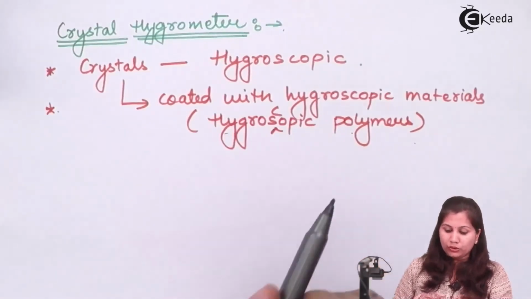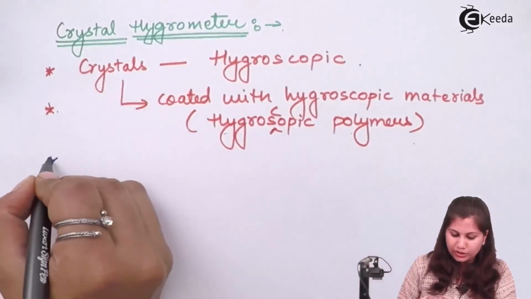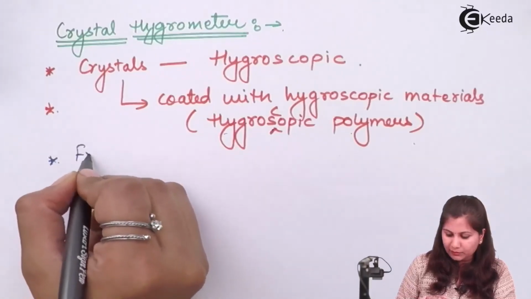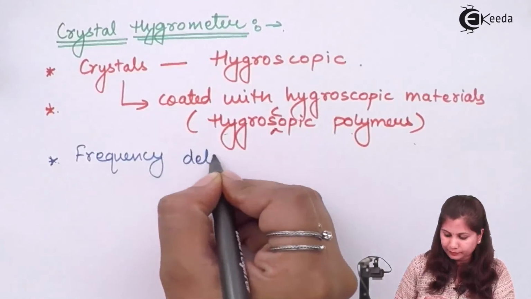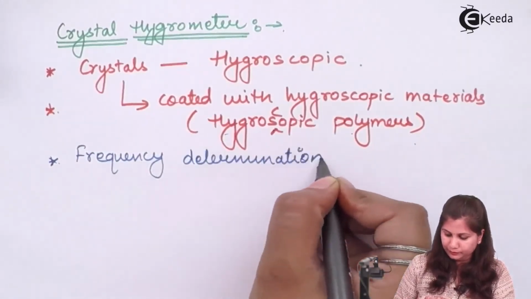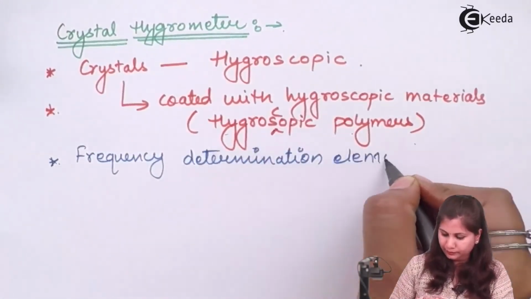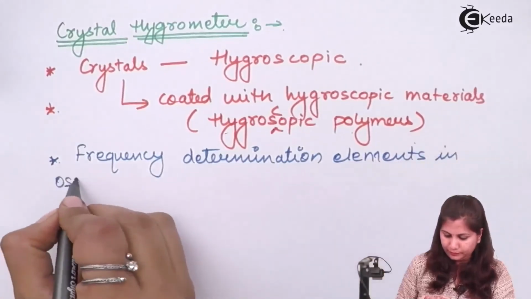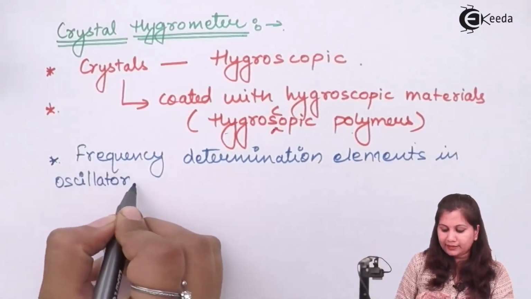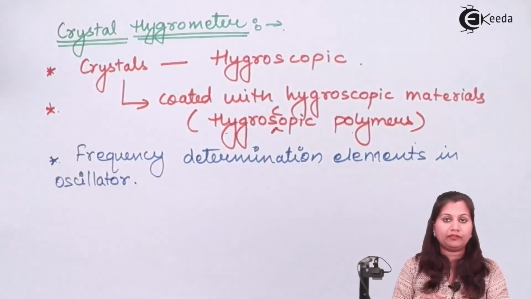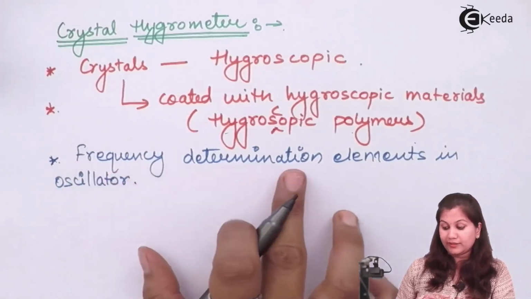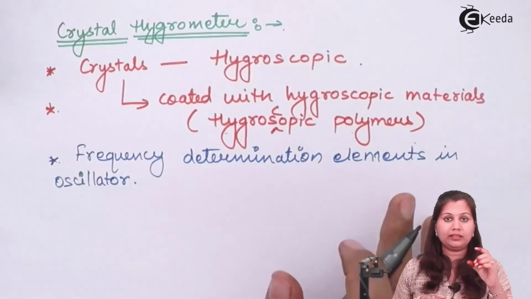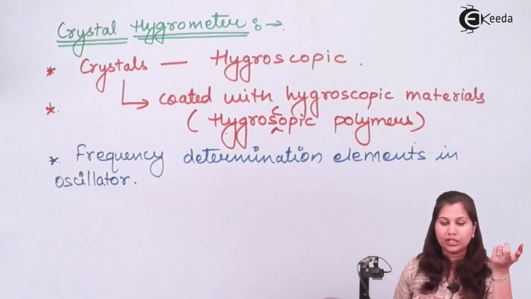These crystals are used as frequency determination elements in the oscillator. Just like in the capacitive hygrometer, if there is a change in humidity and the capacitor is used as the frequency determination element, the frequency is also going to change.